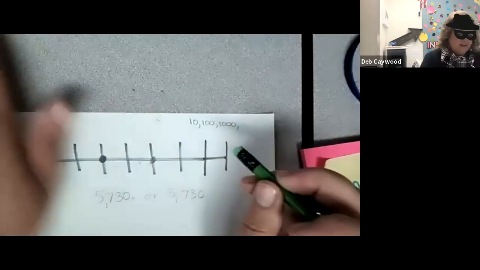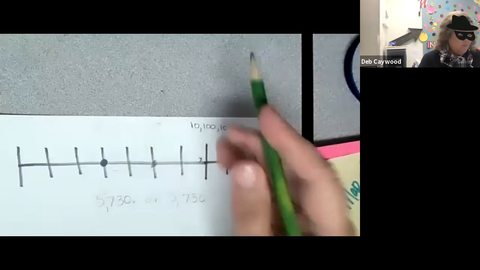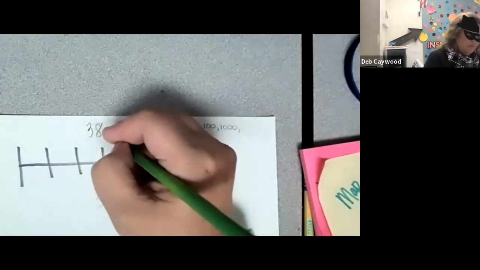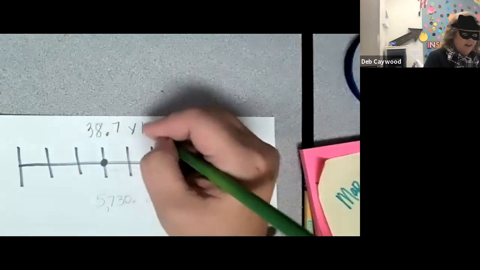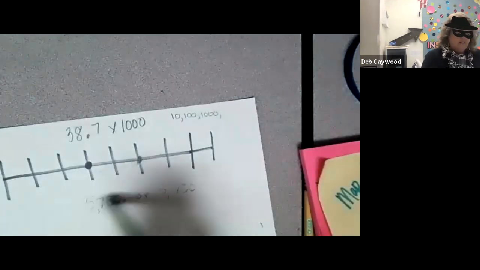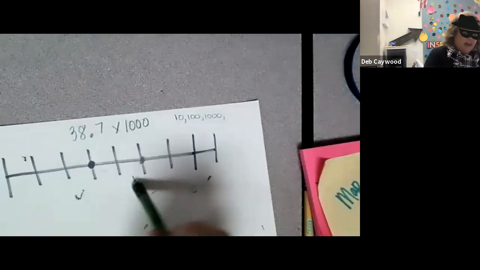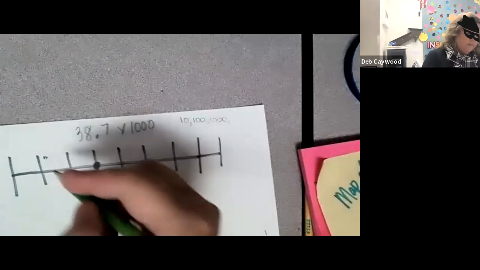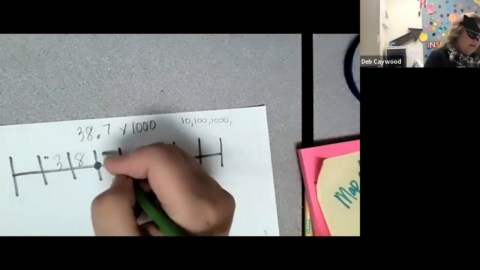Okay, let's try another one. I'm going to get a dry erase board for the next one. Let's do 38.7 times 1,000 this time. Okay, so I'm going to write my number in my grid up here.